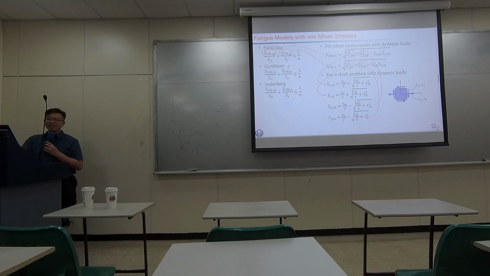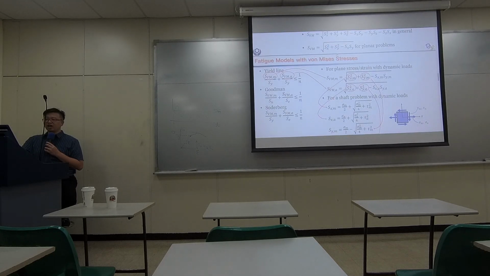So what happened is, we now would like to choose von Mises stress for each fatigue model, and we will separate the von Mises stress into two parts, the mean value part and the amplitude part. Okay? There are still stresses, and so if we formulate the general equation for plane stress and plane strain problems, the von Mises stress equation looks exactly the same as how we derived earlier.